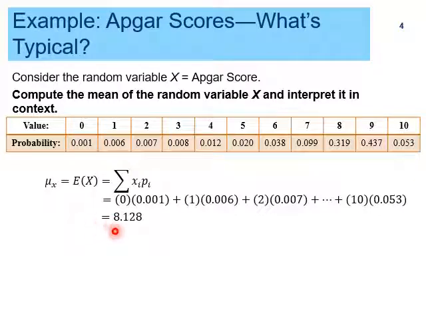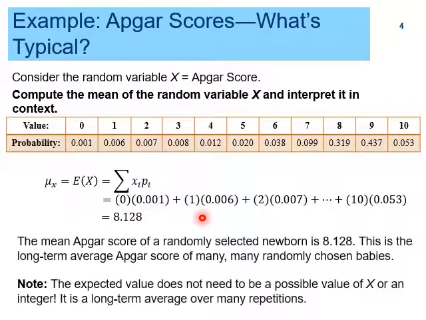The value is 8.128. So the mean Apgar score of a randomly selected newborn is 8.128. This is the long-term average score of many randomly chosen babies. The expected value does not need to be a possible value of x or an integer. It is a long-term average over many repetitions.